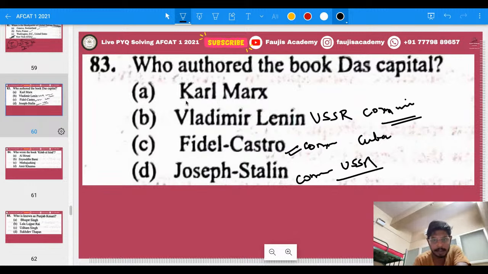Karl Marx wrote the book called Das Kapital, in which he critically examined what we call capitalism.